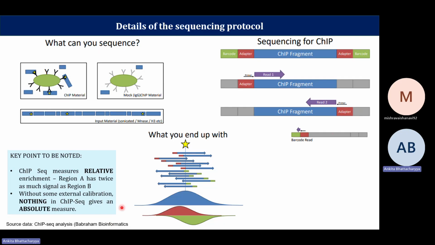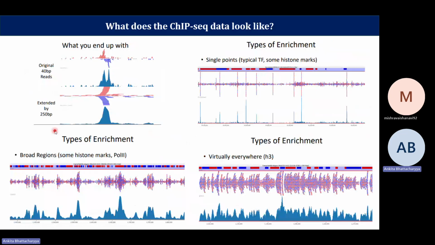Therefore, whenever you represent ChIP-seq data, there has to be an external calibration, and relative to that you can tell how much enrichment or signal there is at your protein of interest. This is what you end up with: region 1 and region 2 have very high peaks, indicating that this is where it commonly binds.